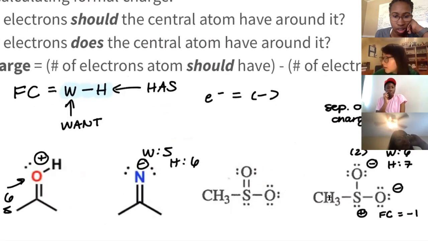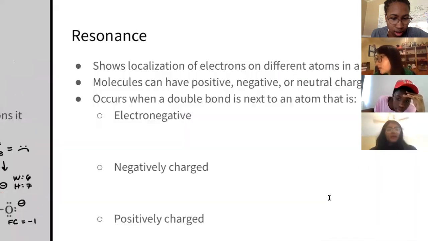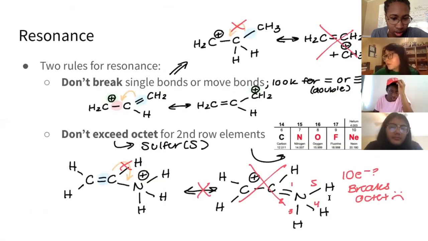But if you see this sulfur right here in the middle, it's actually going to have 1, 2, 3, 4 bonds, and then those two lone pairs, which is 6 electrons. And so even though he is technically breaking the octet rule, he is okay. He is called hypervalent. But in general, don't be super worried about that. There's just a few weird exceptions.